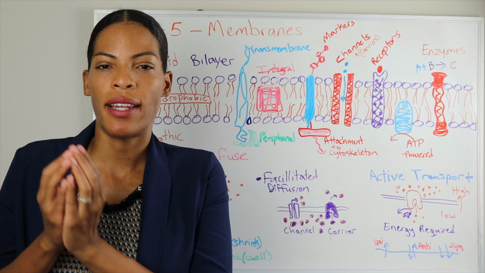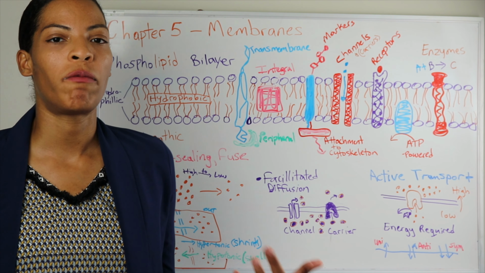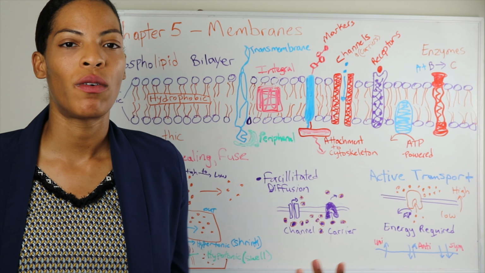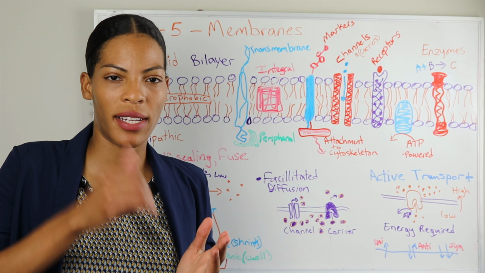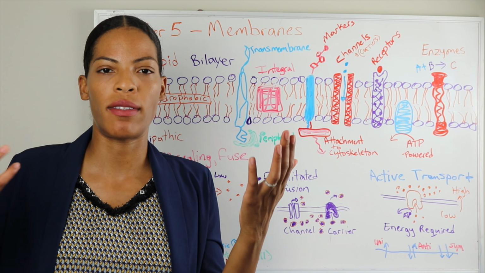So I want you guys to understand these characteristics because they're important for how your cell functions. So in your cell membrane, you see a lot of different things that I drew here. What are these things? So remember I said your cell membrane is what protects your cell inside and separates it from what's outside.